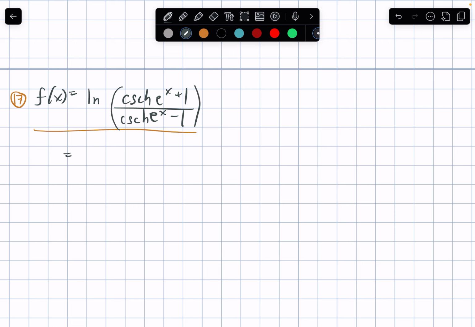This is logarithms. Anyways, I'll still give it a try. d over dx, the derivative of ln u is equal to 1 over u times du over dx.